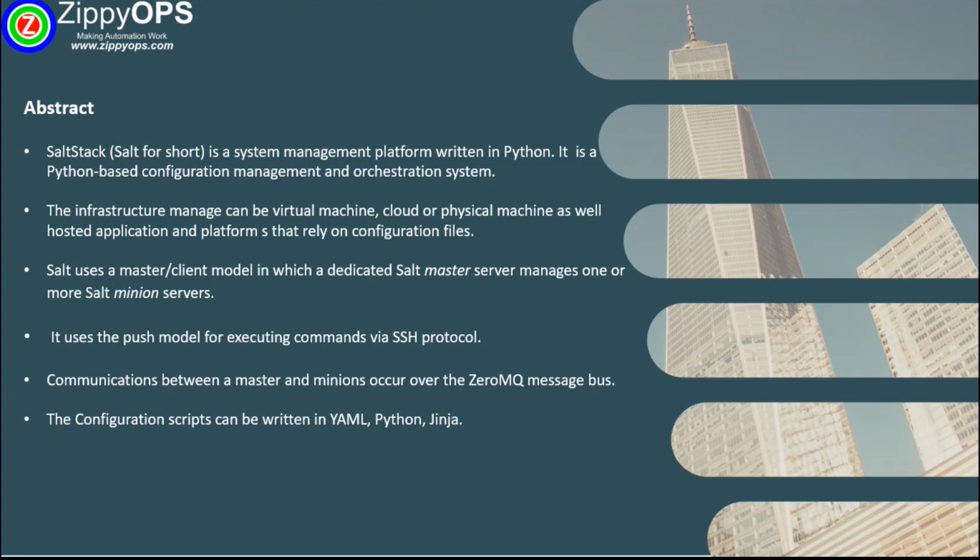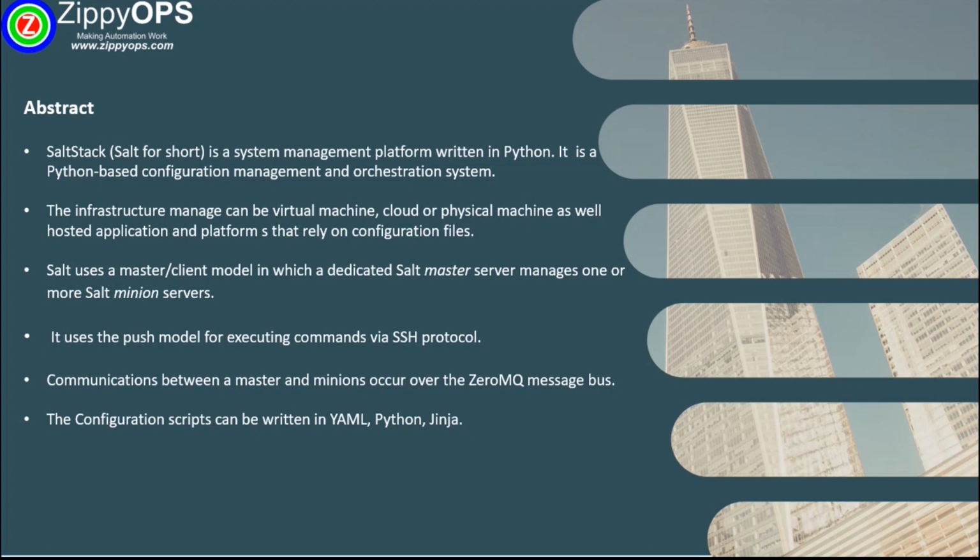The communication between the master and minion uses the ZeroMQ setup. Basically, it's a pub/sub model where the instruction will be written on the ZeroMQ, and then it will be passed on to the nodes to achieve that.